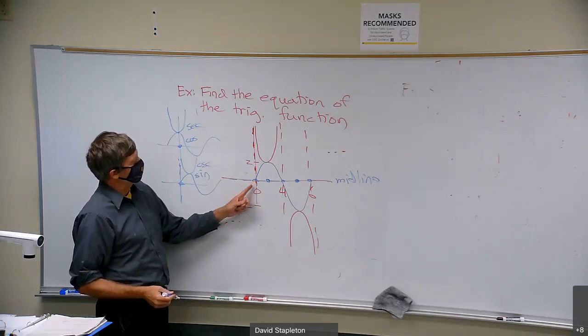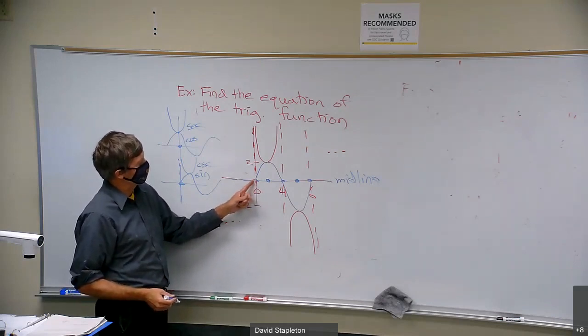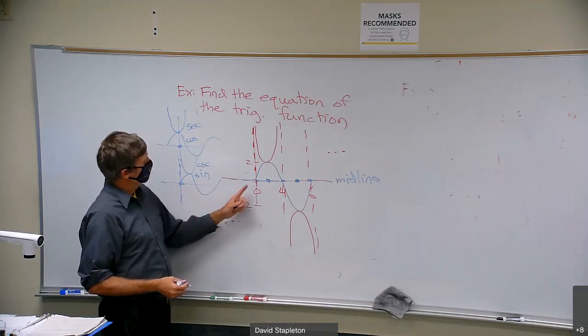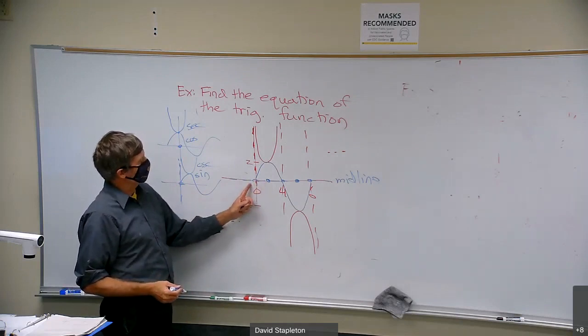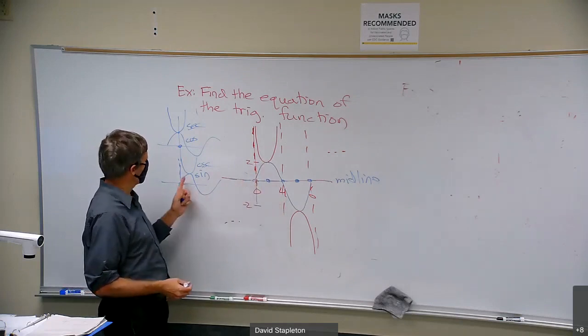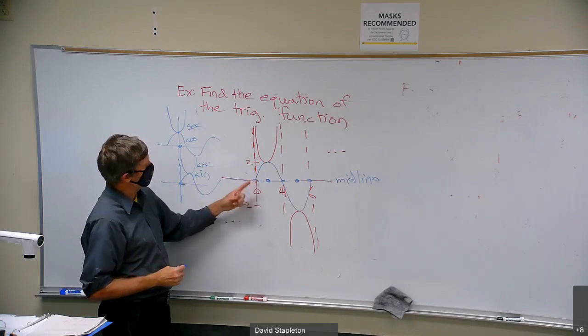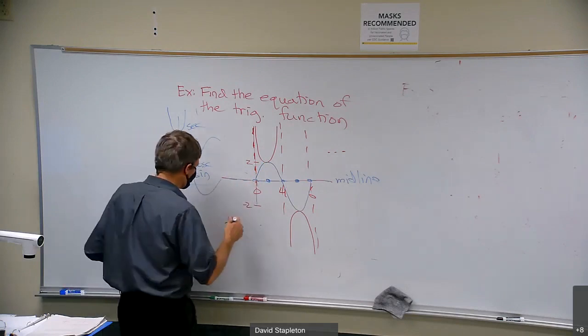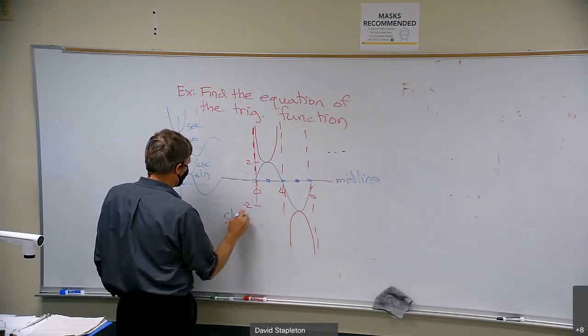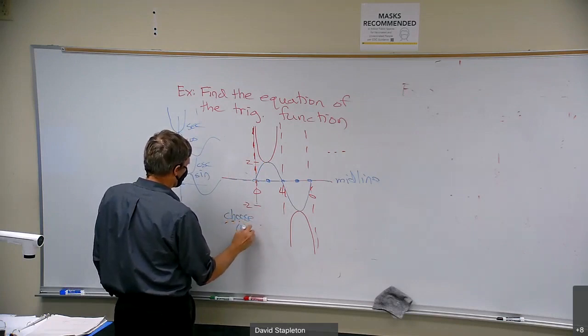If we make this the shift point, it goes through this point of the origin, like the sine. Or we can think of this as the shift point if we want to think of a cosine, so it's at the top of the shift point. The easiest thing to do for this one will be use cosecant, and then the shift point could be 0, 0, right? So choose 0, 0 for the shift point.